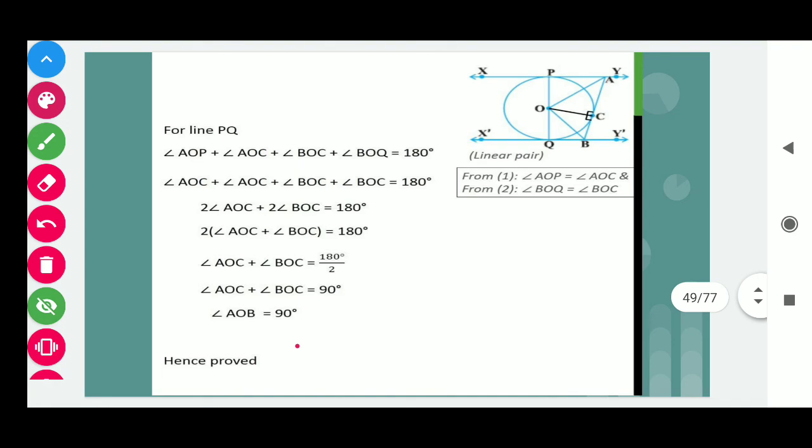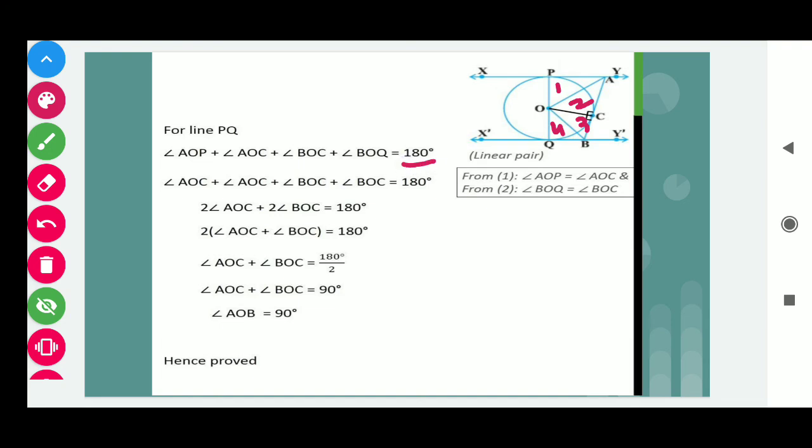Now students, here you can see that PQ is a straight line, and we know that a straight line is 180 degrees. In this way we add these four angles. You can also write here 1, 2, 3 and 4. Adding these four angles equals 180 degrees.